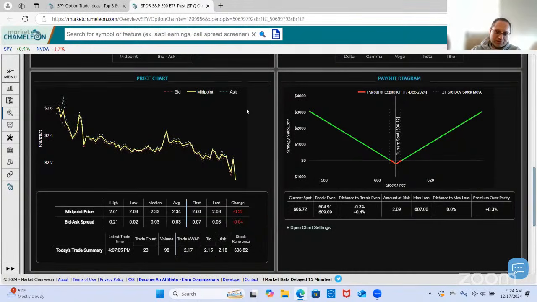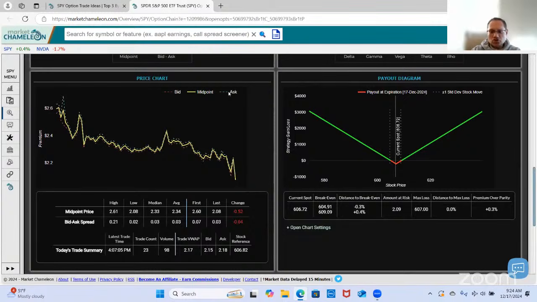It could be as low as the bid, as high as the offer, or something in between. To mark it, we look at the midpoint. Let's just call the midpoint right in the middle a market fair value. So the midpoint is in the yellow. The bid is the dotted burgundy line, and the ask is this dotted blue line.